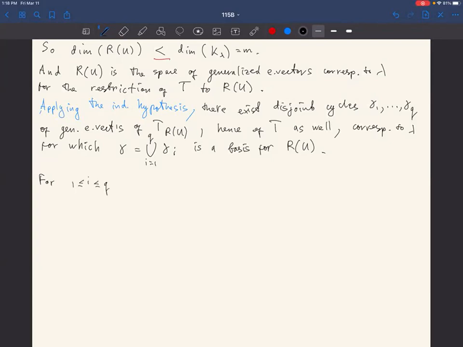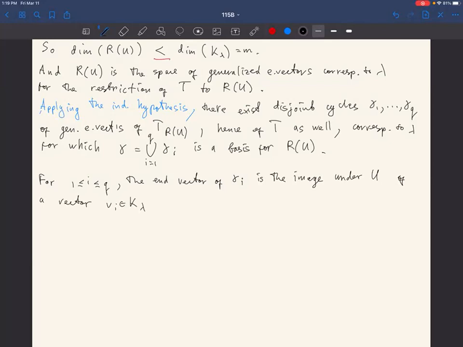Well, for each i between 1 and q, so for each of these cycles gamma i, let's look at the end vector of gamma i. Each gamma i is a cycle, so it has the initial vector and the end vector. The end vector of gamma i is going to be the image under U of a vector, let's denote it v_i, in K lambda.